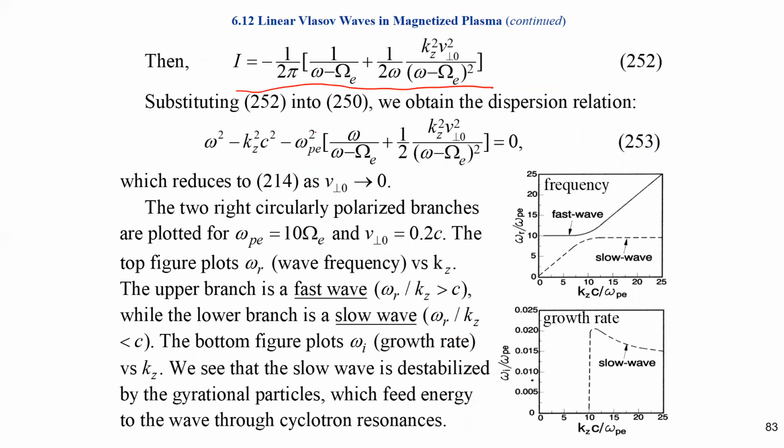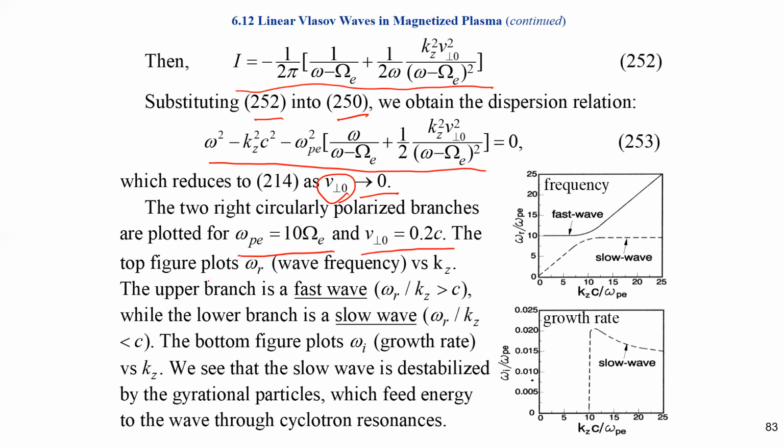That's the new I. Substituting 252 into 250, we get this one, which reduces to 214. The two right circularly polarized branches are plotted here, the first one and the second one, under this condition.